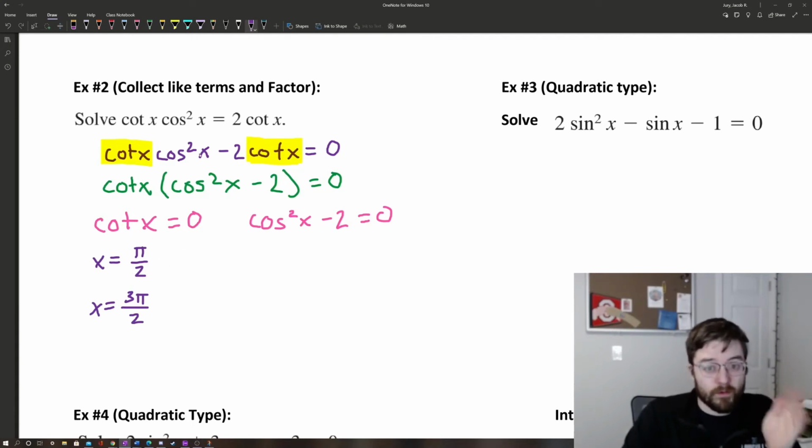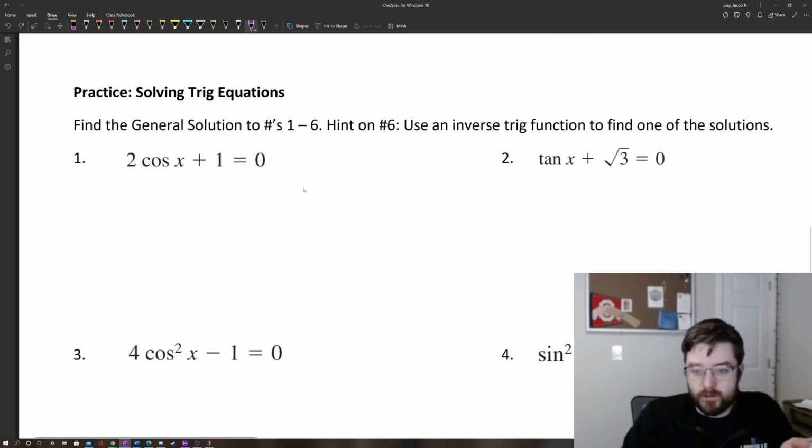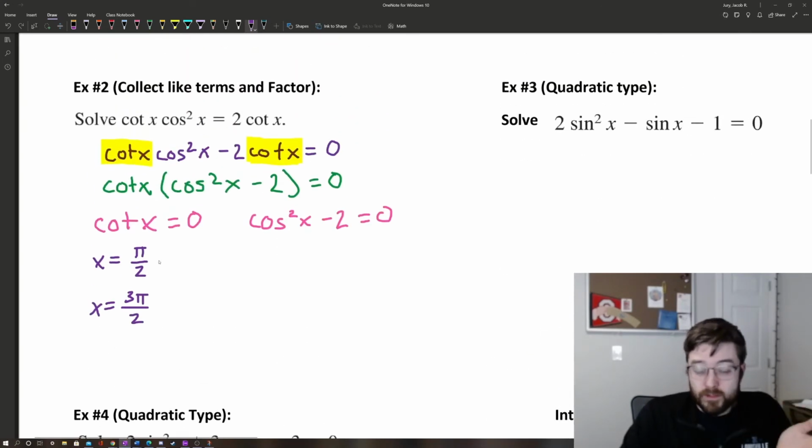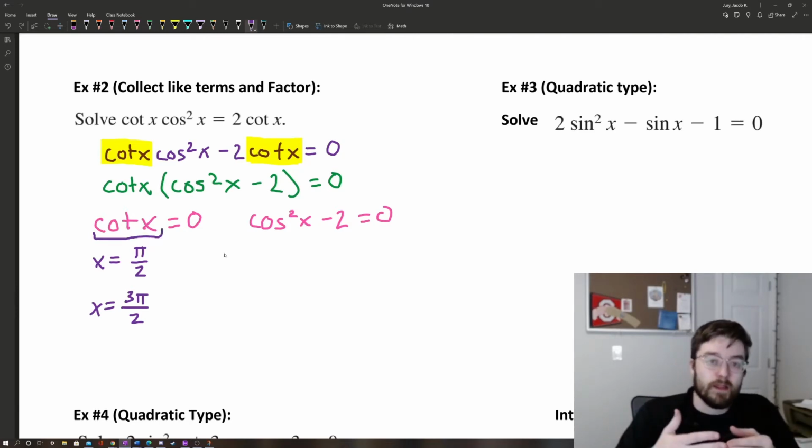When it says solve, we are finding the general solution for this. Directions will be made clear in the practice on what you're to use, find the general solution, for example. But we want the general solution, and if we are finding the general solution for a cotangent function, remember from Miss White's video that tangent and cotangent have different periods.